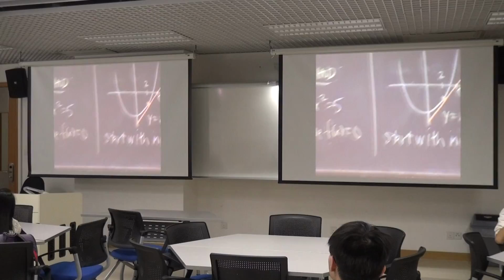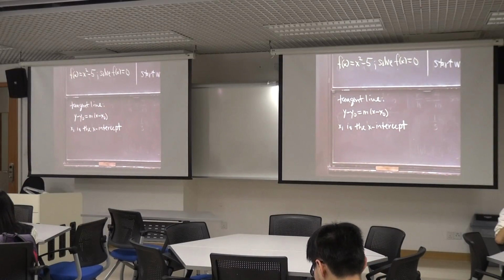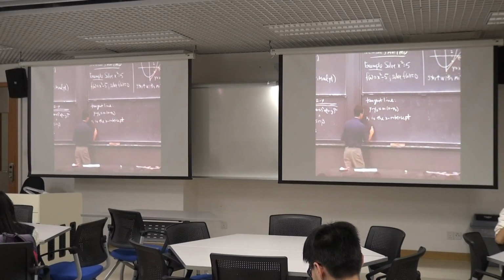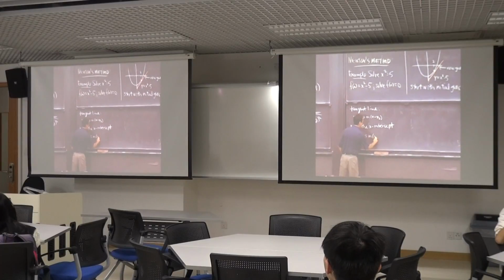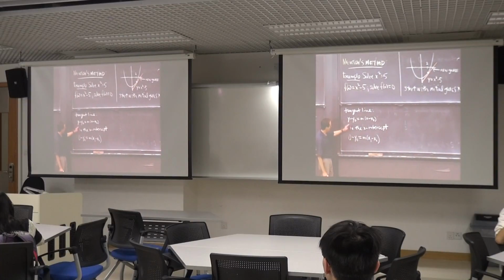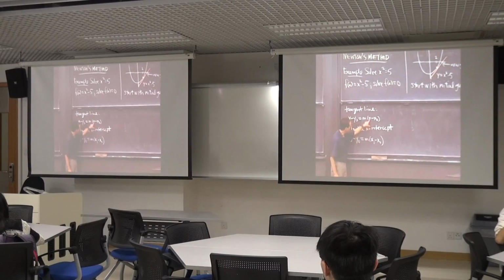Now, how do you find the x-intercept? You find it by setting y equal to 0. That horizontal line is y equals 0. So I set y equals 0, and I get 0 minus y0 is equal to m times (x1 minus x0). So I changed two things in this equation. I plugged in 0 here for y, and I said that the place where that happens is where x is x1.